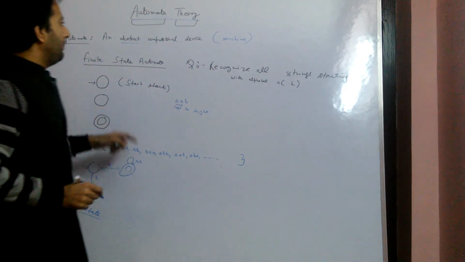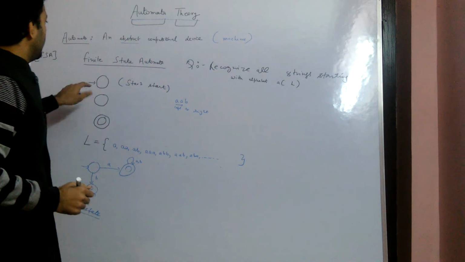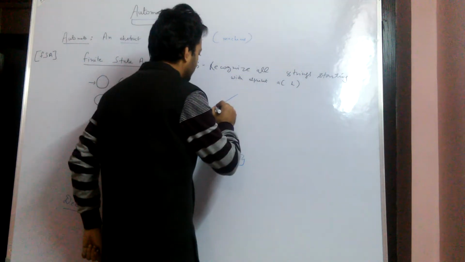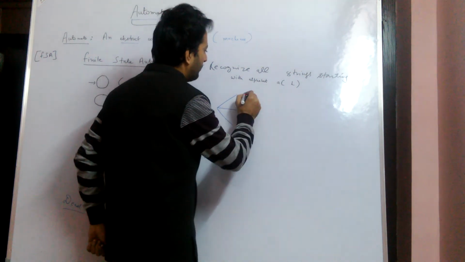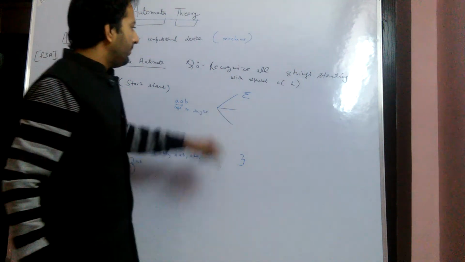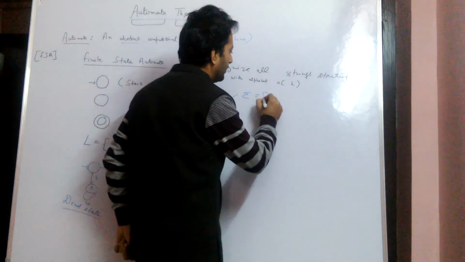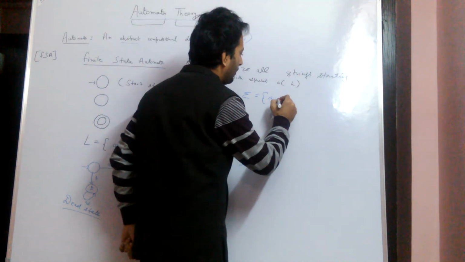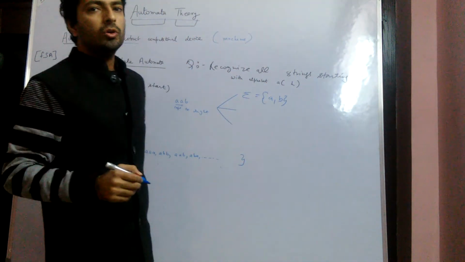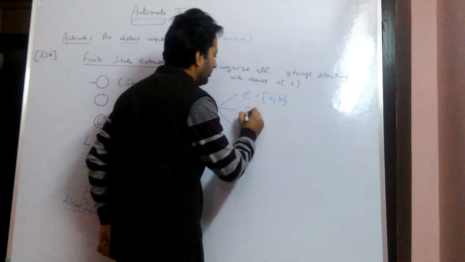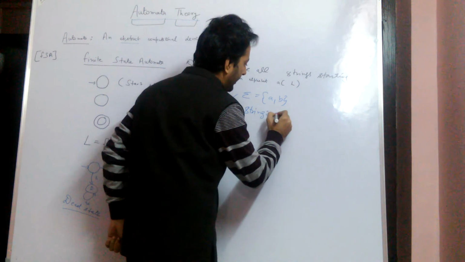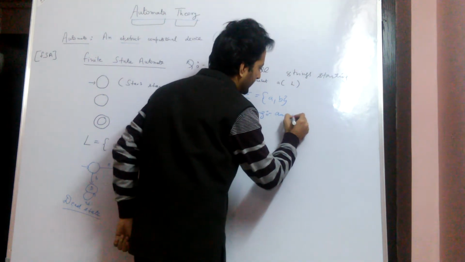Hopefully, in this example, you can understand the three things which I have told. The first one is the finite set of symbols known as the alphabet. Over here it was A, comma, B. The second thing was the set of strings. You know that a string is any combination of alphabets.